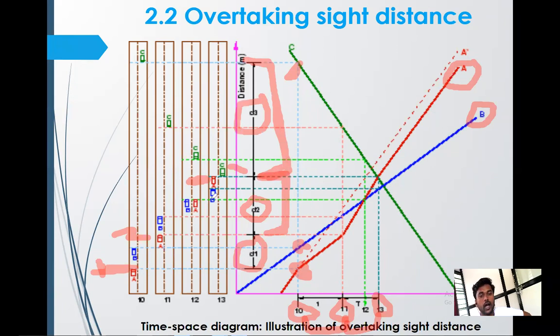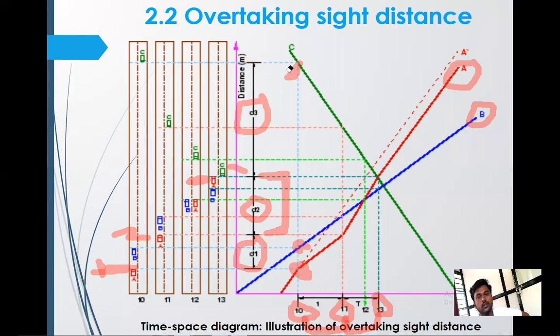This time and the distance traveled by the vehicle is shown by this graph, and that graph is known as time space diagram. What this diagram indicates: in how much time the vehicle travels how much distance.